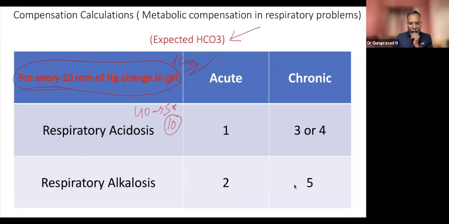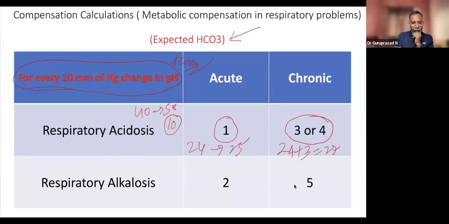So what can you expect? You should expect a metabolic alkalosis. So in acute, it will change by 1. That is, the bicarb will rise from 24 to 25. And if it is chronic, some people take it as 3 or some as 4. The compensation will be 24 plus 3, which will be 27.